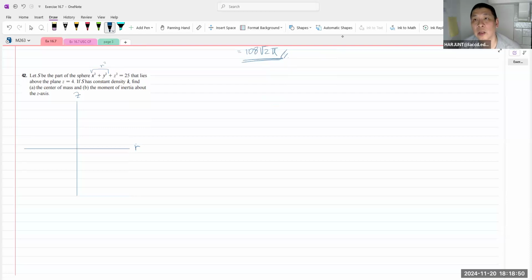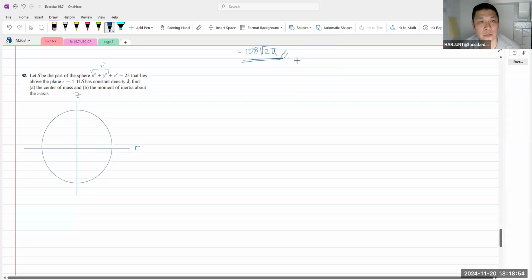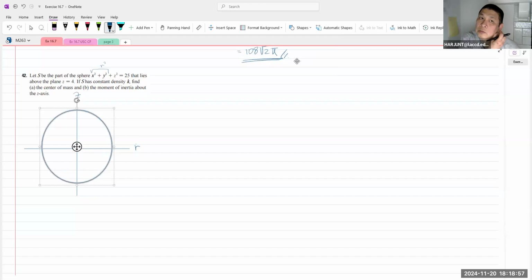So then it becomes a circle there with radius 5, and you cut it at z equals 4. So we are actually talking about this cap here. The cap, this cap here.